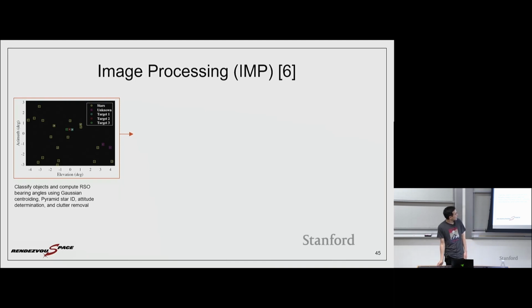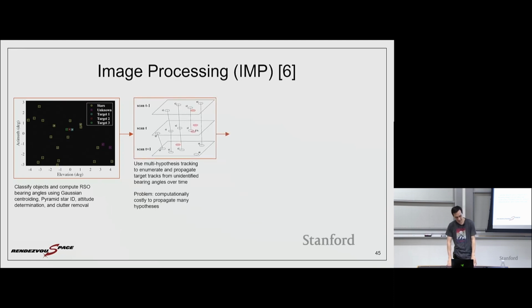But in the context of this image processing layer, we take the images and we classify the various objects in them using star identification algorithms and noise and clutter removal. The idea is that we're left with a set of bearing angles to unidentified objects in the field of view. These could be the spacecraft we're interested in, or they could be arbitrary objects.